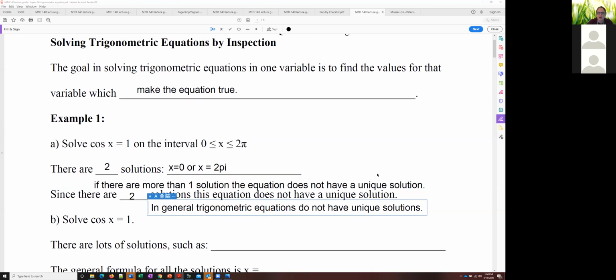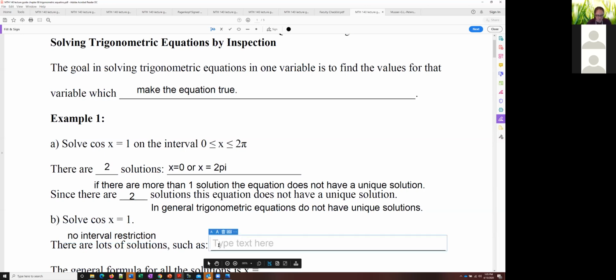Okay, so we looked at solving cosine x equals 1 on this particular interval. That was part A. For part B, we want to just solve cosine x equals 1. So now there's no interval restriction. So there's going to be a lot of different solutions, right?